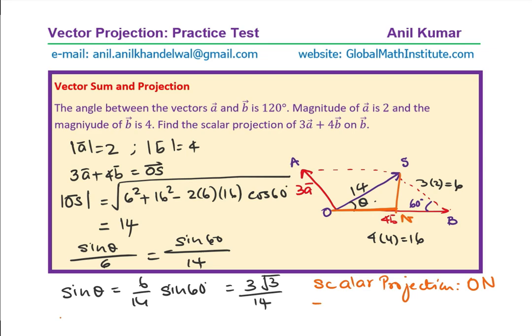Which is basically equal to 14 cos theta, right? So you can find this answer. Either you find theta first, right? So theta equals sine inverse of 3 square root 3 over 14.